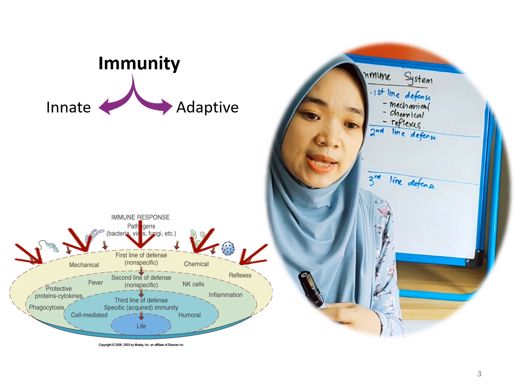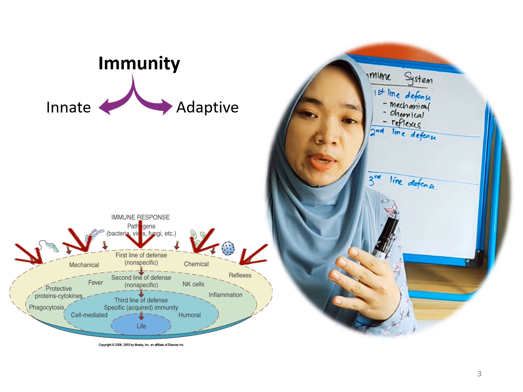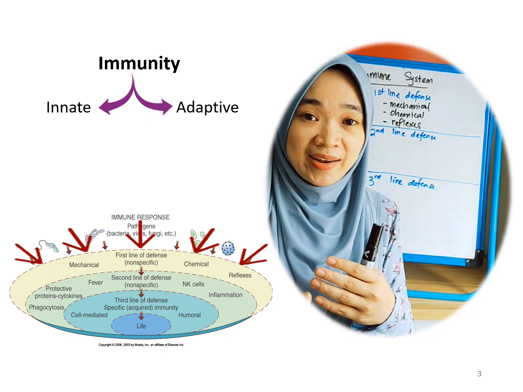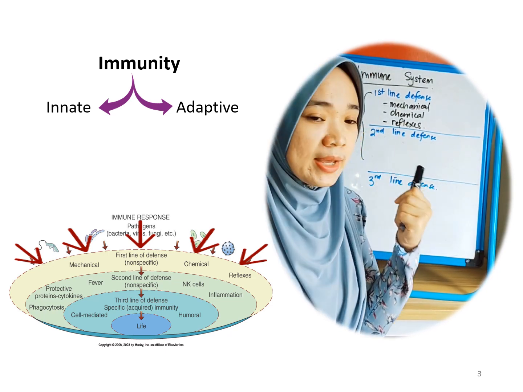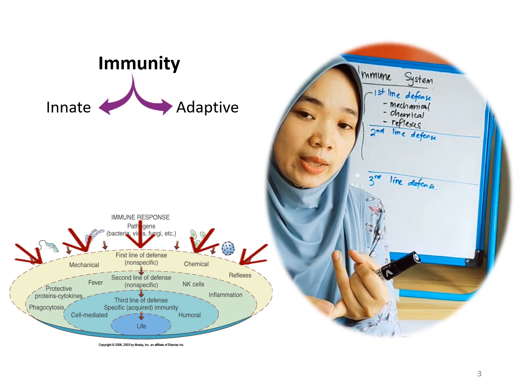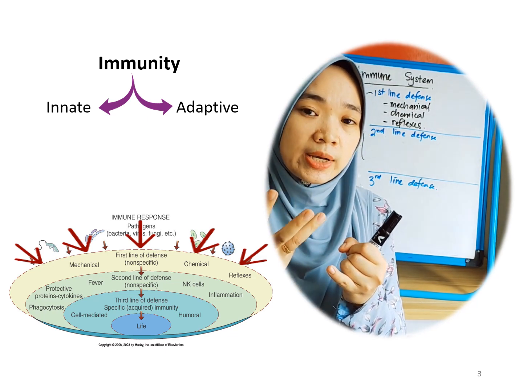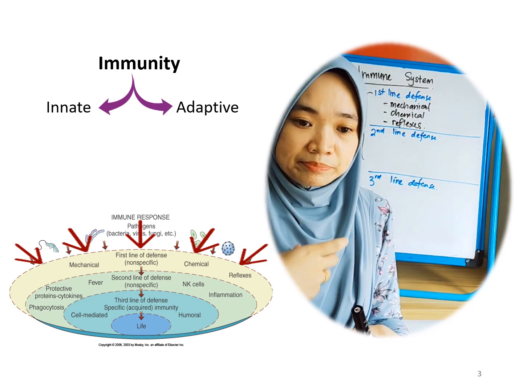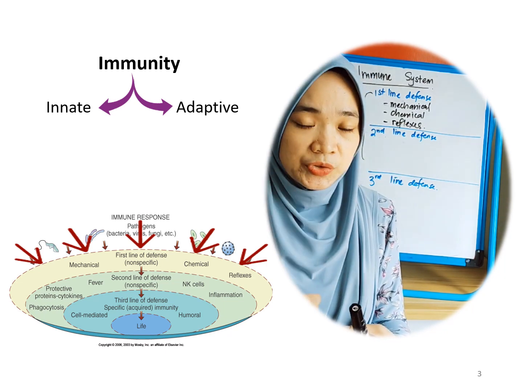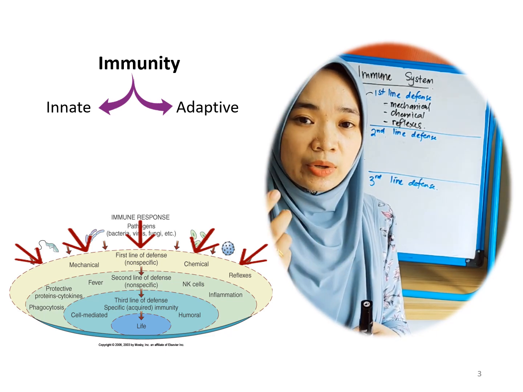So besides eliminating pathogens physically by the physical barrier just now, mechanical, we also have a chemical barrier, which is the enzyme contained in the mucus. For example, mucus in our nose, mucus in the respiratory tract, and what else? The enzyme in our saliva.